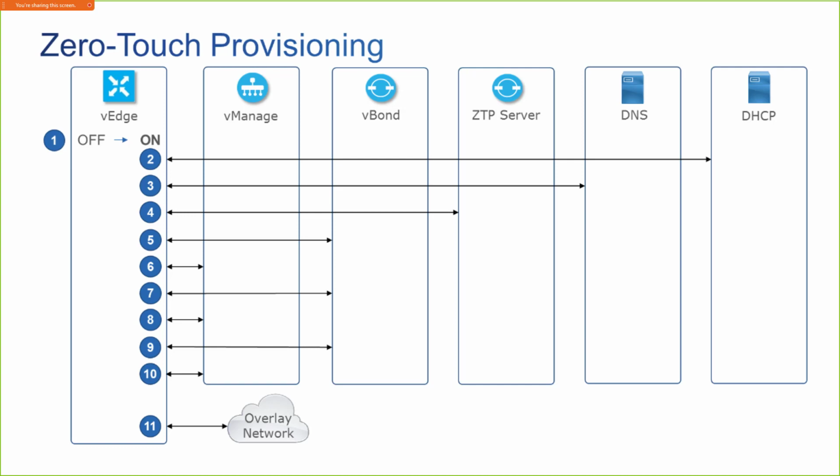Now, like I said, one of the options that you have in this process is the option to force an upgrade of the vEdge device. If you go under vManage administration and then go under the settings, there's a checkbox called Enforce Software Version, and in parentheses it just has ZTP, so it's talking about the zero touch provisioning piece.